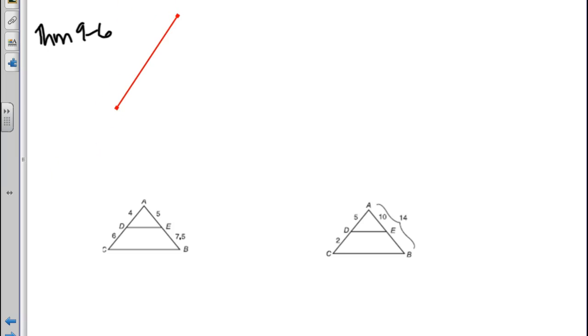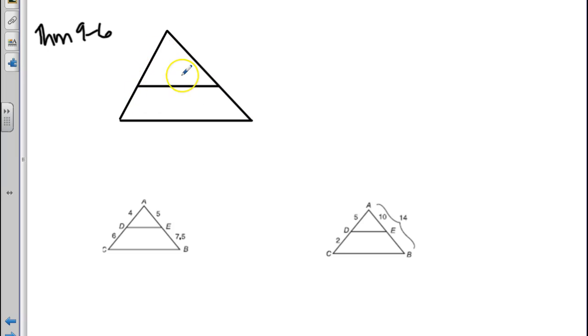All right, so let me get a triangle on here. So if there's a line that separates the triangle, and when it separates, it goes from one side to another, separating the triangle into, do you see the four pieces right here that it just separated?